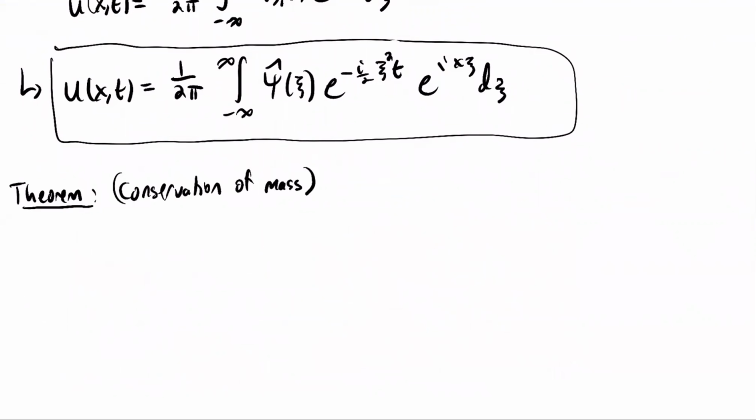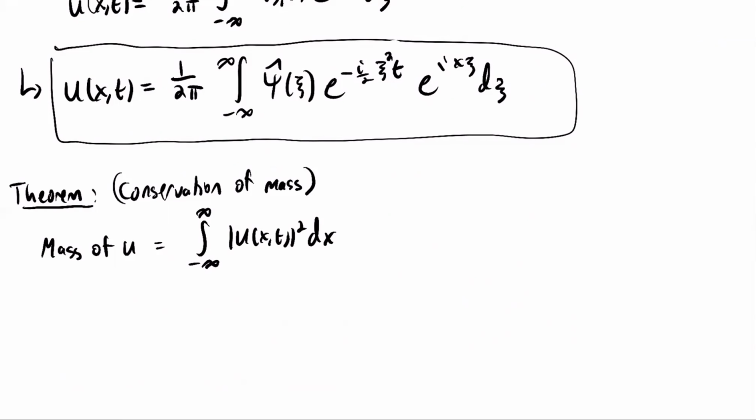So the theorem is the following. Let me define the mass of the solution to be the integral from minus infinity to infinity of u of x, t squared dx. This is the same quantity as the total probability that the particle is somewhere, but it also has the interpretation as the mass.